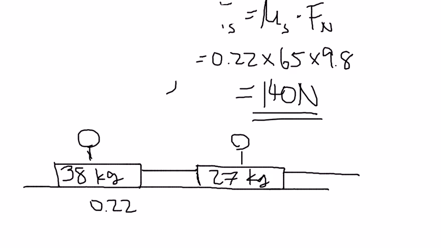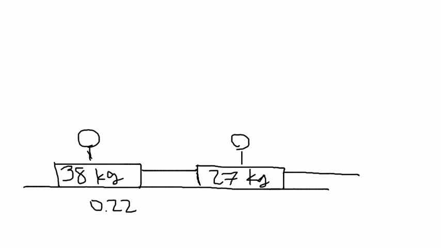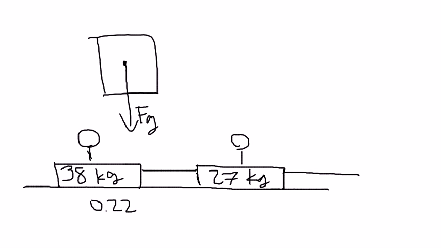For this problem, we can draw a free body diagram for the second sled, with this force being the gravitational force, this the equal and opposite reaction force, this is the tension force, and static friction.